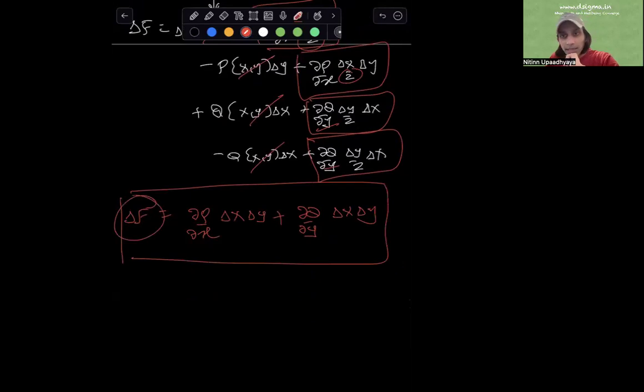Now this left-hand side, the net flow across this region, is what we call the flux, or in this case, the infinitesimal flux across the region. So this is called the infinitesimal flux. And flux literally means flow.